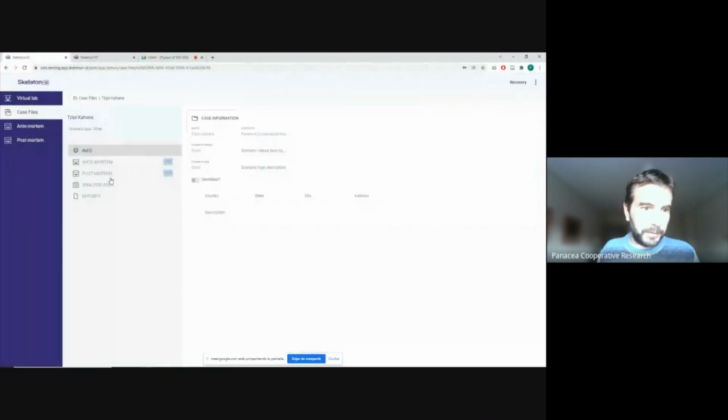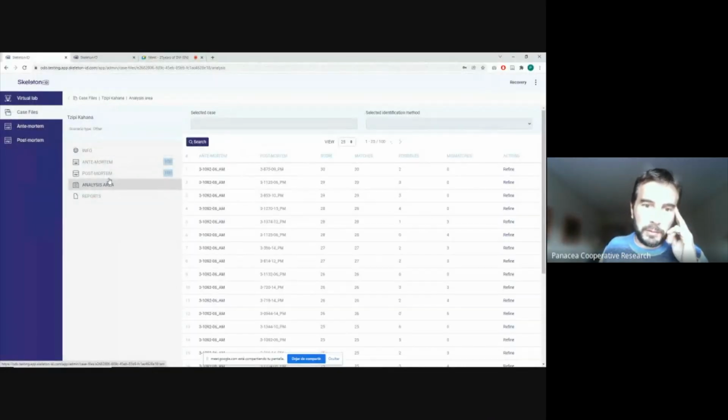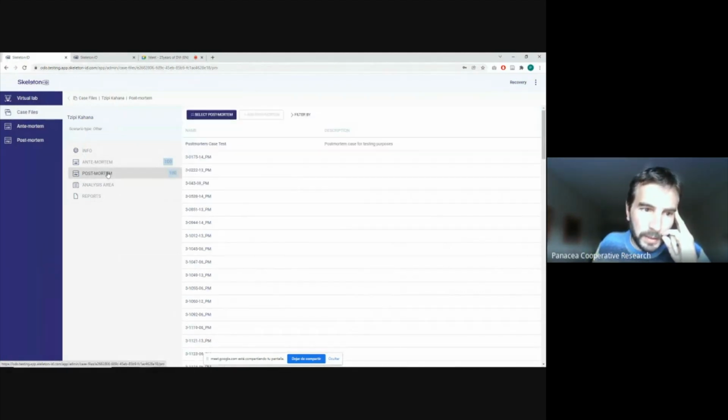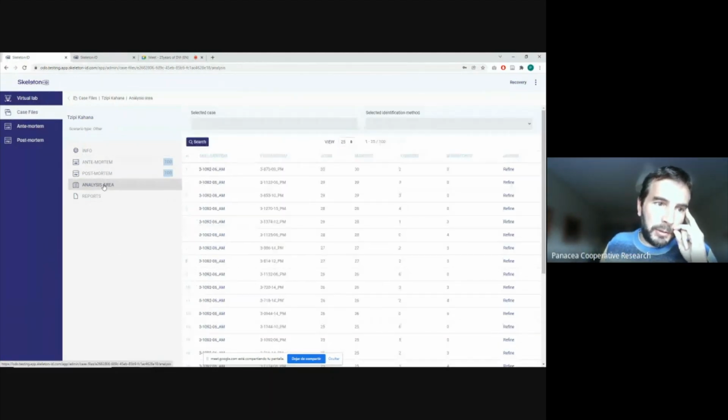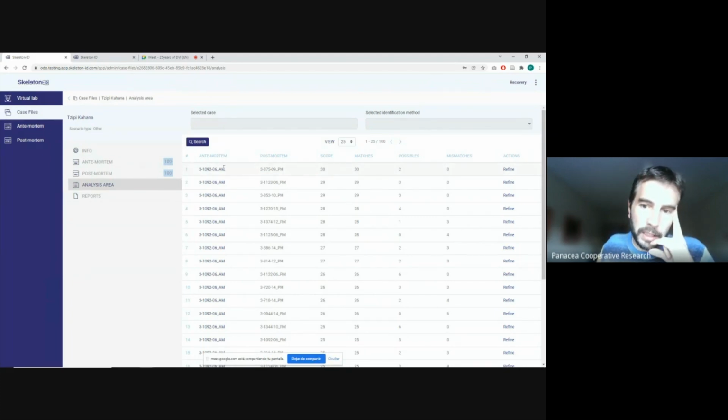with the help of Tzipi, and it's basically a new module to automatically compare odontograms. Here you have Tzipi Kahana's data, or part of it, where she could introduce the odontograms of 100 antemortem cases and the corresponding postmortem cases.